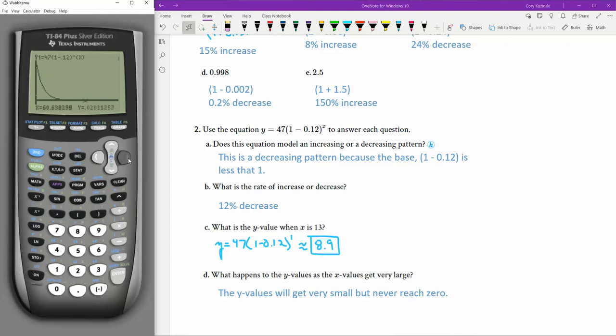And see here, as we get towards 100, it's very, very tiny. So tiny that it's now in scientific notation, 10 to the -4th. Okay, and we can keep going, and it'll never actually hit 0. Your calculator might eventually read it at 0, but your calculator is just wrong.